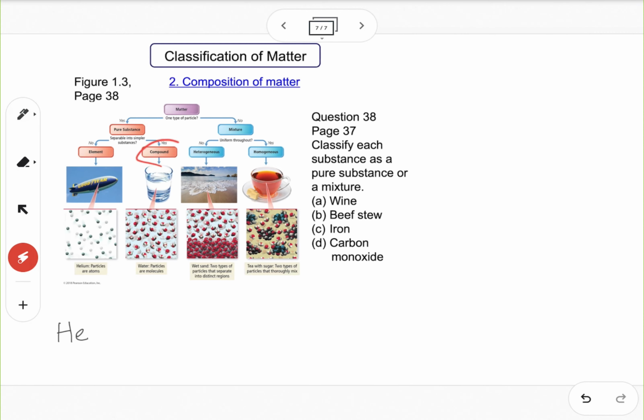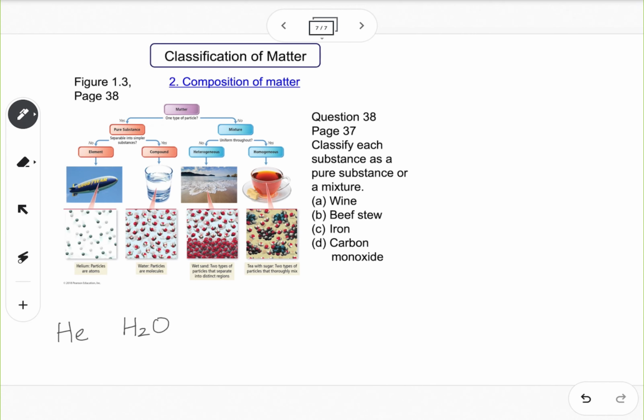Another category of the pure substance is compound. That means a substance composed of two or more elements. For instance, water. We know that the water formula is H2O.